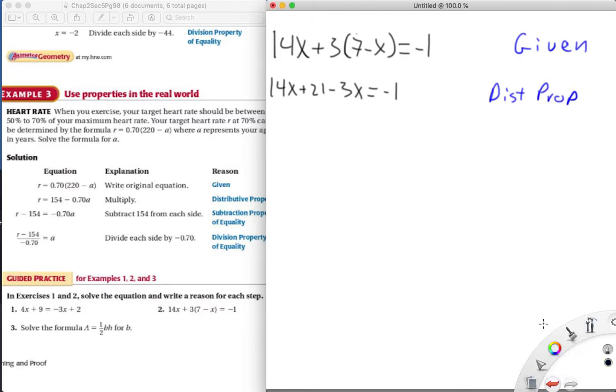Next step is to say 11x plus 21 equals negative 1. That is simplifying or combining like terms.